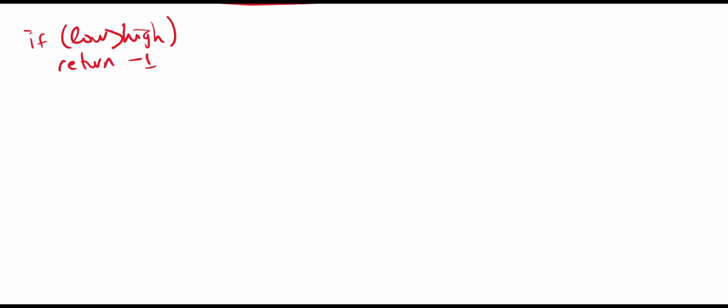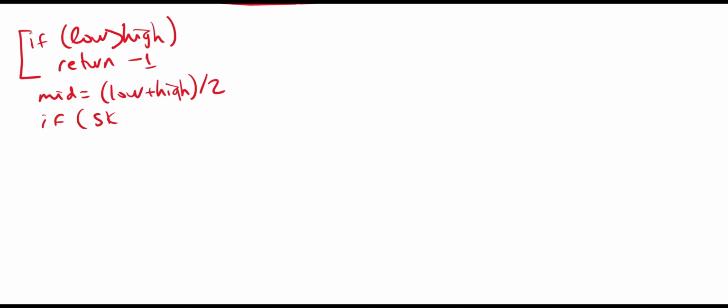Okay, if this condition does not happen, then I can find the mid and check if the number is there or not. So I'm saying mid is equal to low plus high over 2. And if the search key is equal to the element at the midpoint or not.